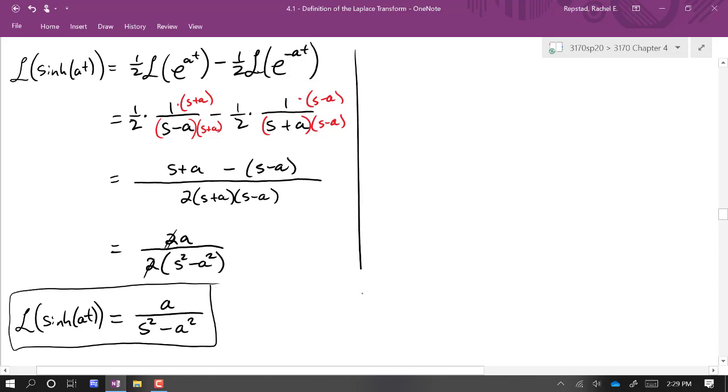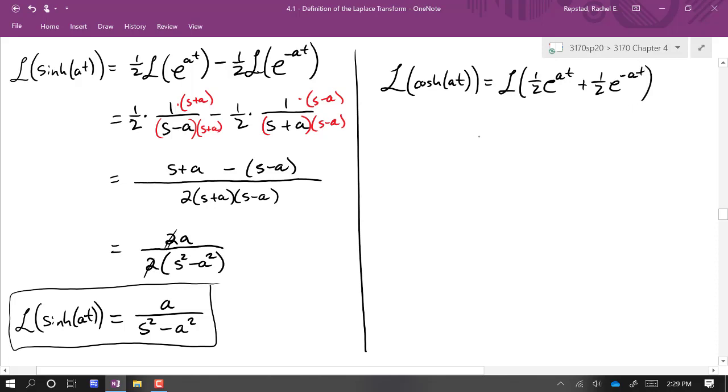We'll do the same thing for hyperbolic cosine. Hyperbolic cosine of at, that means I'm finding the Laplace of 1/2 e to the at plus 1/2 e to the negative at. We can use the linearity.